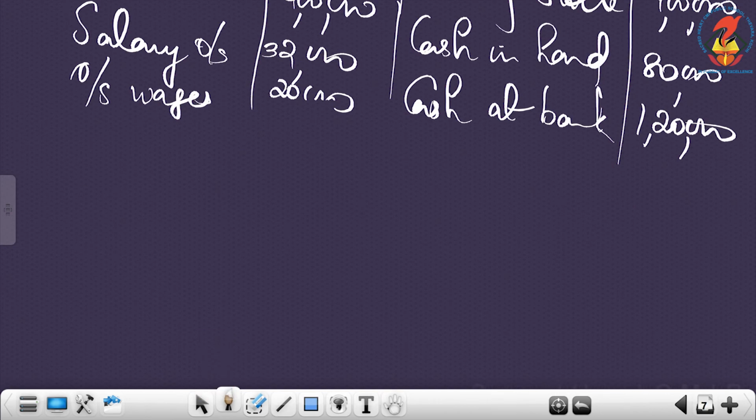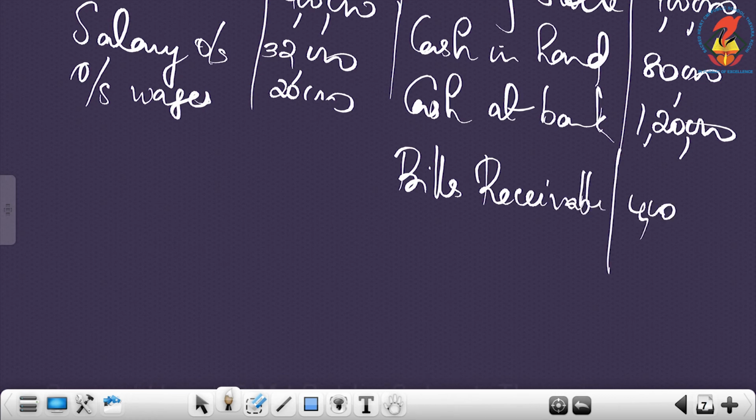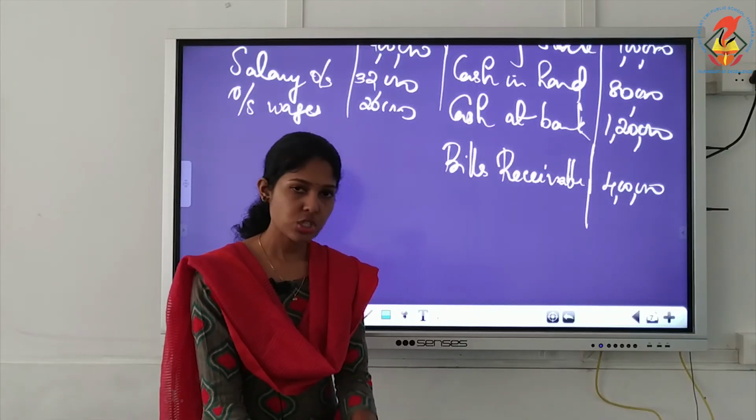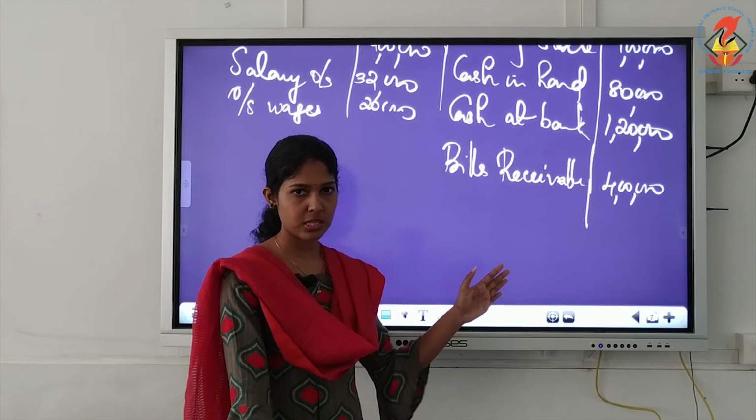Then wages, sales, machinery, bills receivable is there, 4 lakhs. Then opening stock is given. That shouldn't be taken here, only closing stock will be taken.